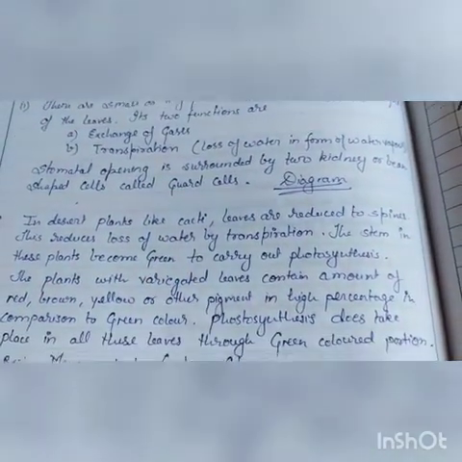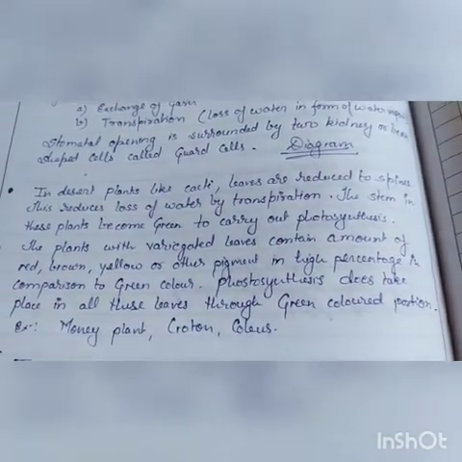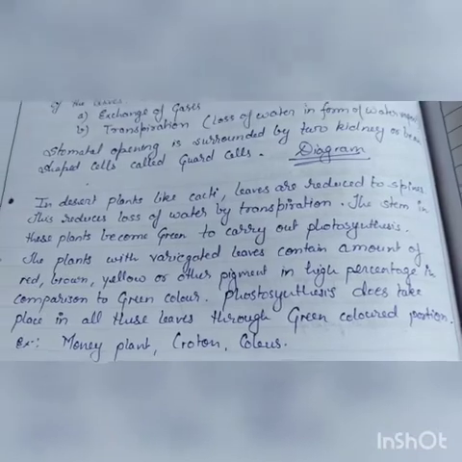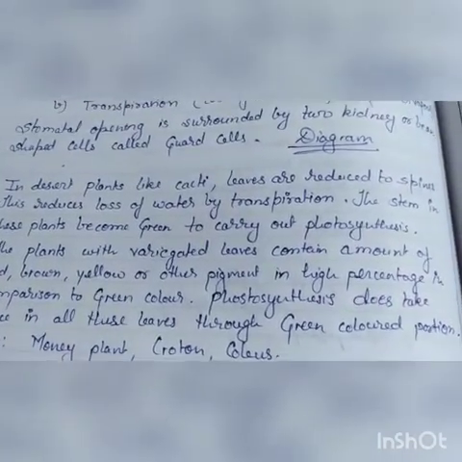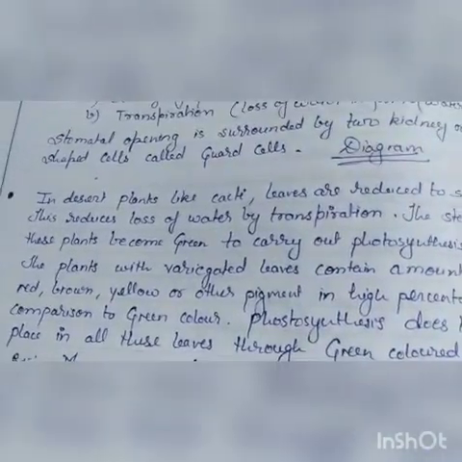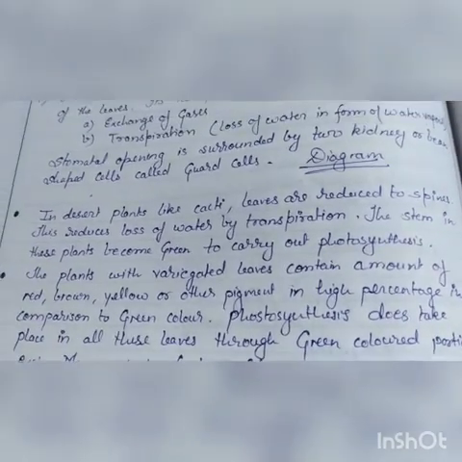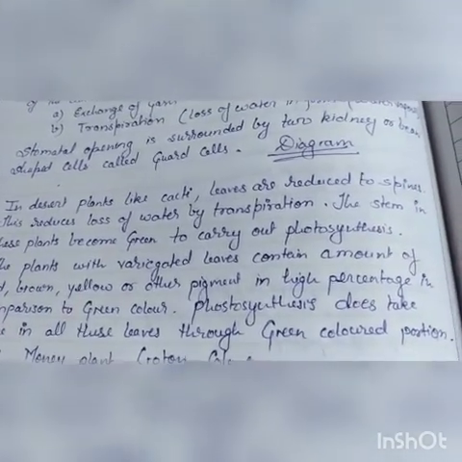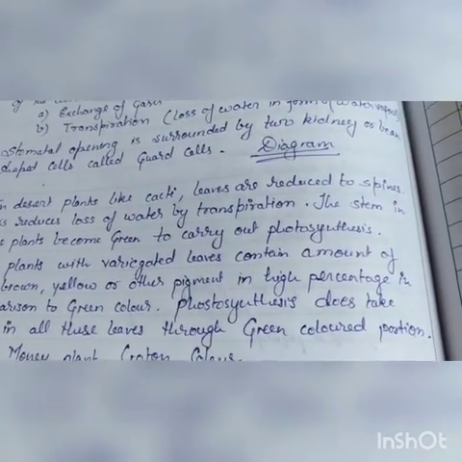Now coming to the next thing, that is, what happens to the plants which do not have leaves. See, you have seen some desert plants like cactus. You have seen they don't have leaves. Don't you think about what happens with these types of plants? How do they prepare their food, and why do they have spines or thorns instead of leaves?